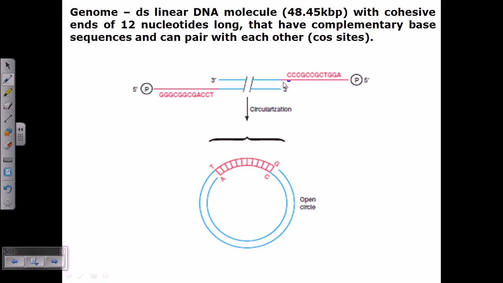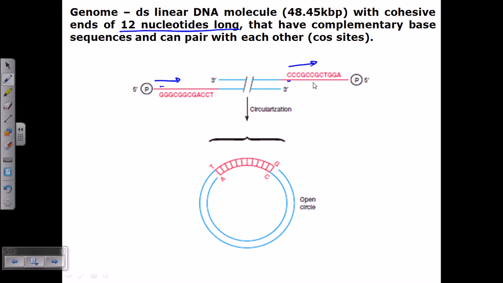As you can see here, here is a C, here is a G, so again C, G, C, G. So C, G are complementary to each other, then A, T is complementary, G, C is complementary. So as they have complementary sequences from opposite directions, there is a chance that they can combine with themselves via the hydrogen bonding between the complementary bases, right? And they have this kind of 12 nucleotide stretch of complementary regions at both ends, which are called the cohesive ends or complementary sites.